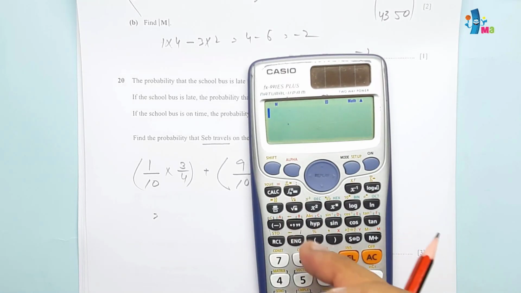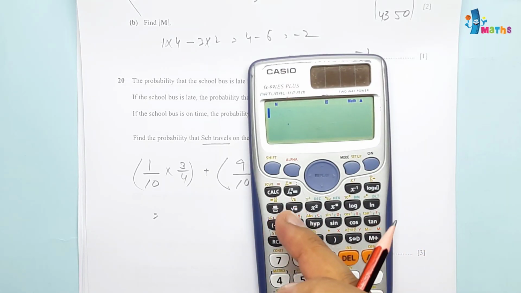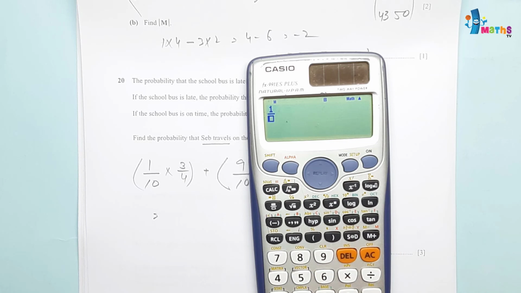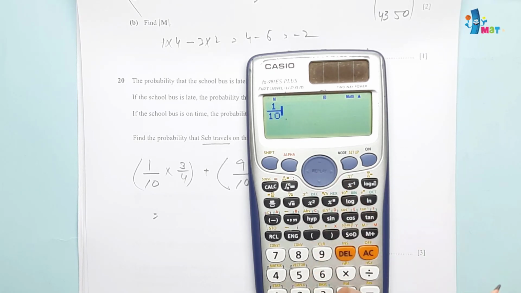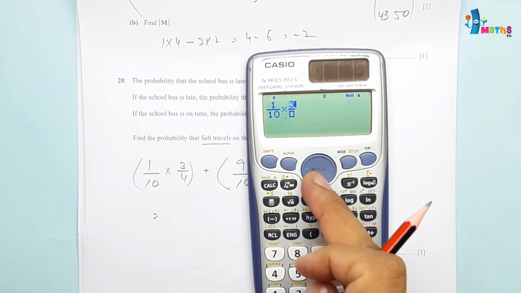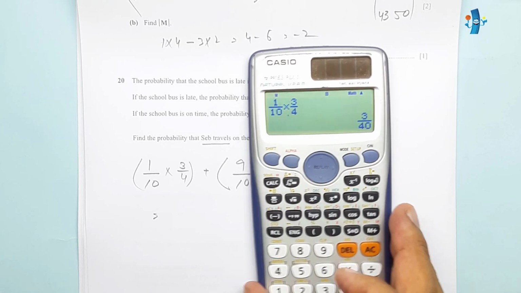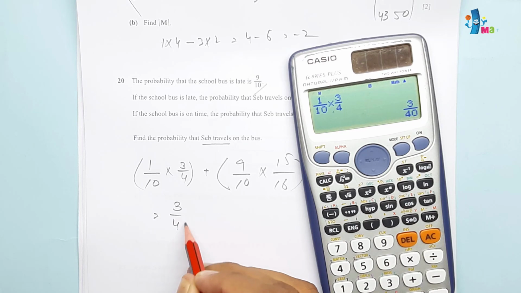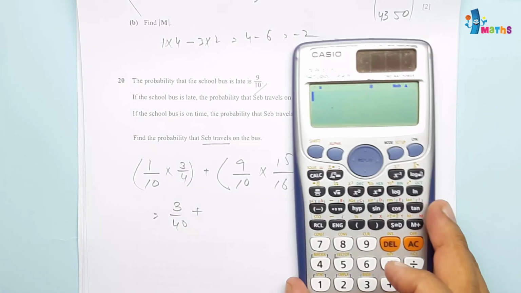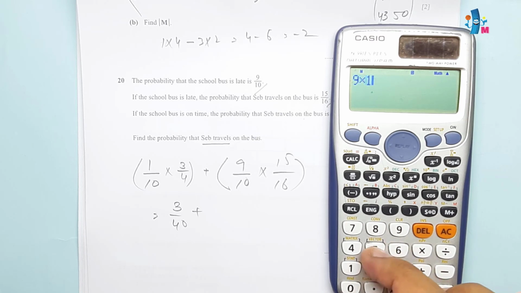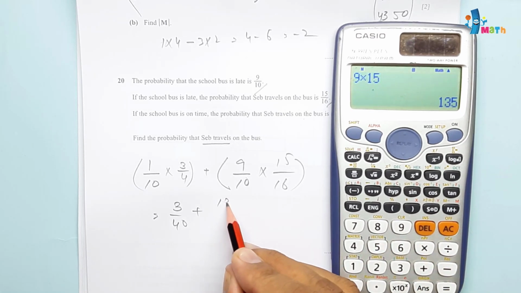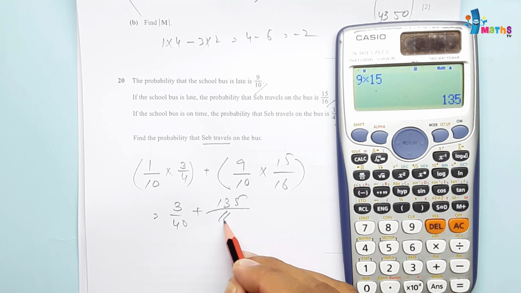And for simplification, we are taking 1 over 10 multiplied by 3 over 4. This will be equal to 3 by 40, plus this one will be 9 multiplied by 15, which is 135 over, this will be 160.